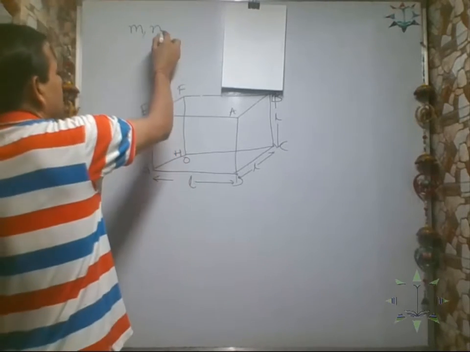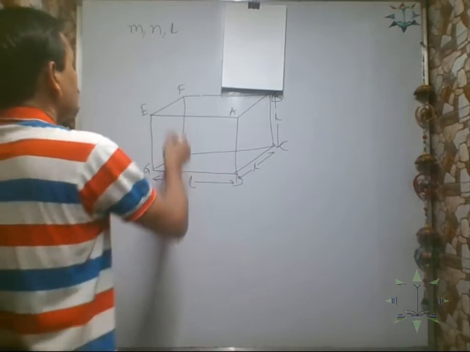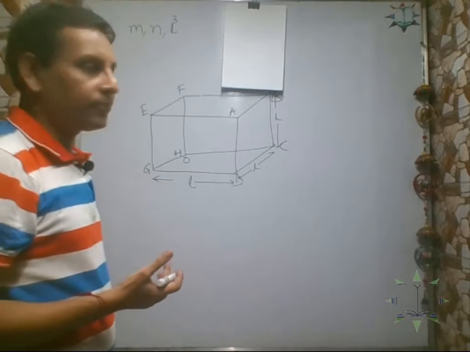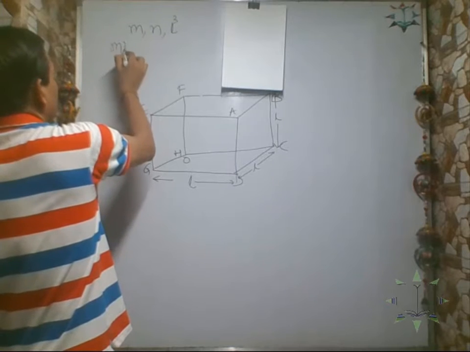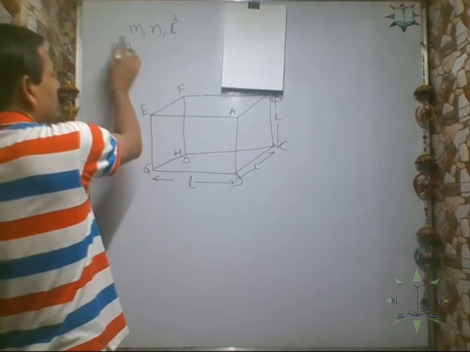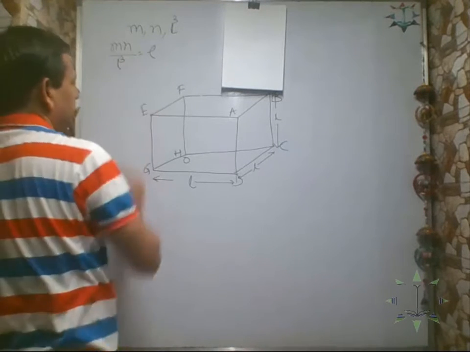L is the length of each edge, so L cube will be the volume of the gas inside this cube. What will be the mass of the gas? m into N, that is the mass of each molecule into the number of molecules. This is the mass of the gas. Mass divided by volume will be the density of the gas.